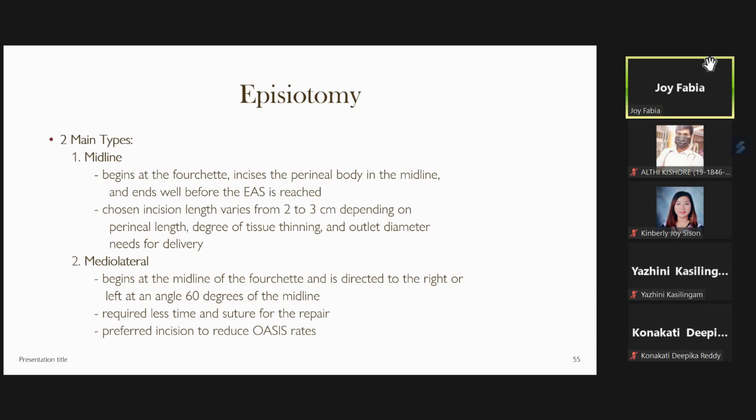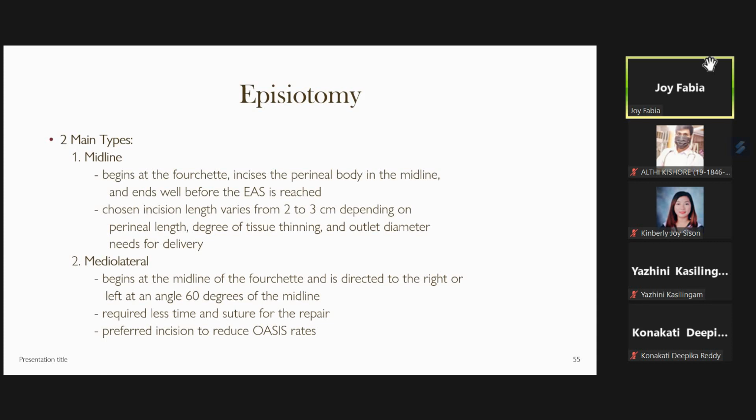For the mediolateral, usually it's more on the right, right? Most of us are right-handed, so the right mediolateral is the one that we usually use. This begins at the midline of the fourchette and is directed to the right or left at an angle of 60 degrees from the midline.